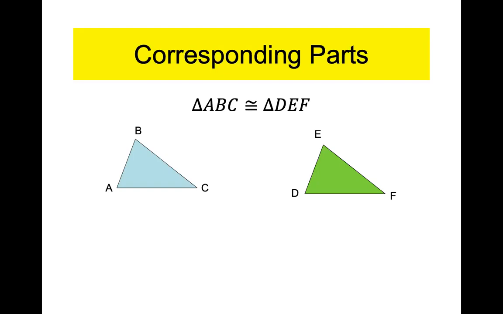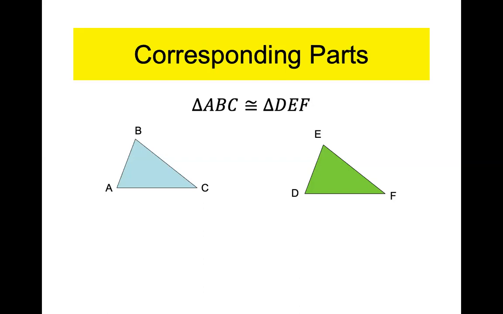Okay, so what are the corresponding parts of these two triangles? All of it, like the sides, the angles. Remember, the idea is that I take this green one and lay it directly on top of the blue one, and what parts match up? Angles, sides. Specifically, by name, what parts line up?